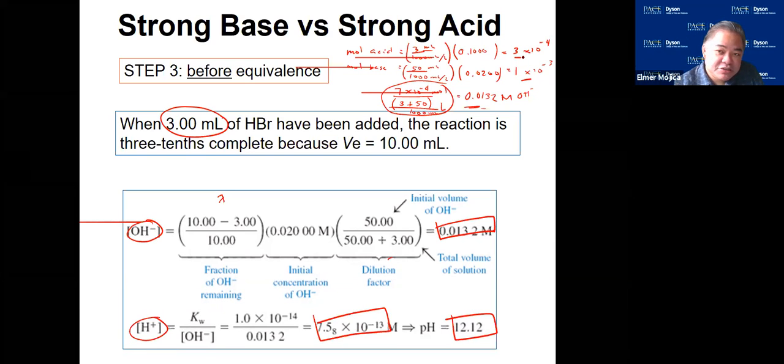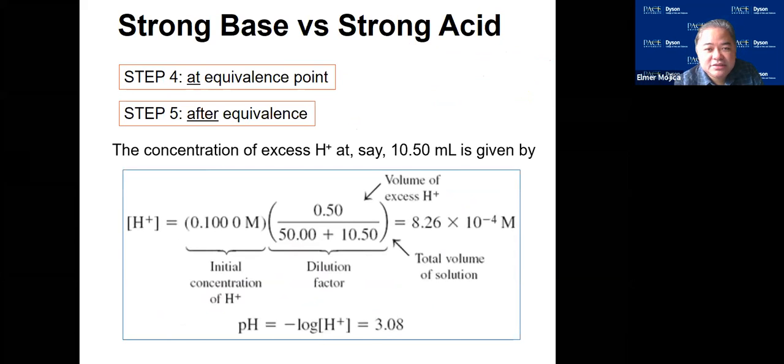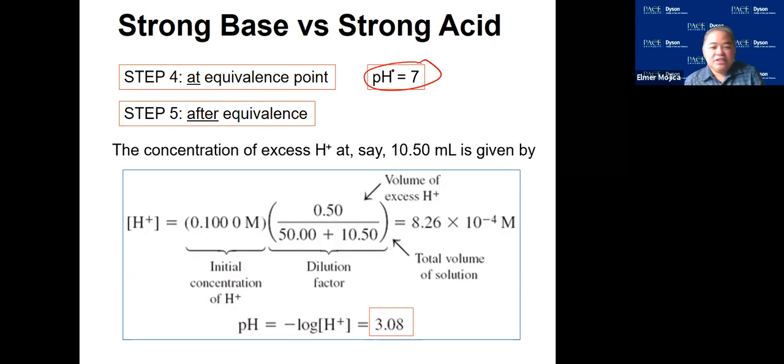Now the next question that you have here is, what's the pH at equivalence point? And since this is a strong acid and a strong base, the answer to that is usually this. Now, the next question that you're going to be asked is, what is the pH after equivalence point?